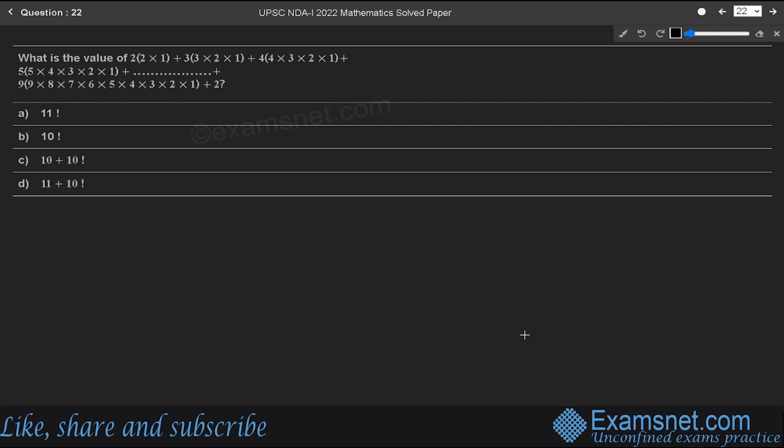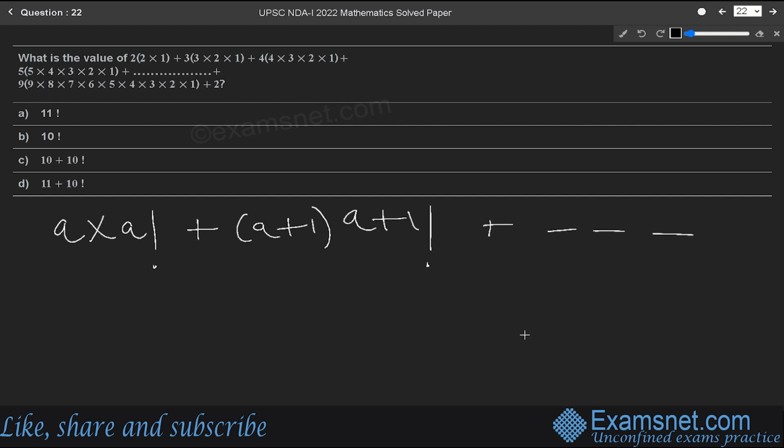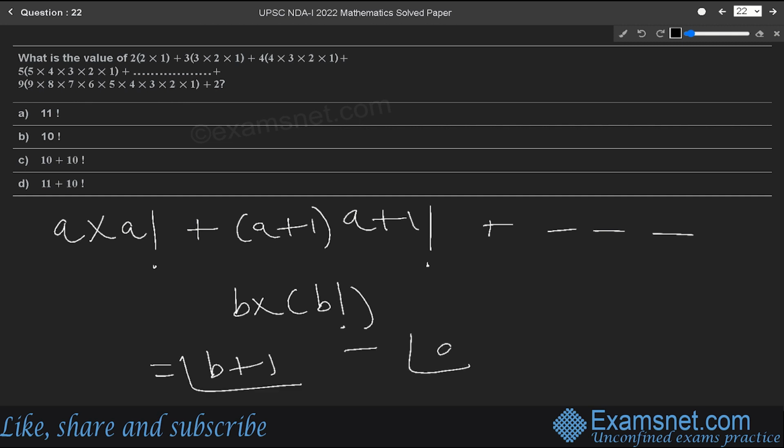There is a formula: a into a factorial plus (a plus 1) into (a plus 1) factorial plus so on up to b into b factorial is always equal to (b plus 1) factorial minus a factorial.